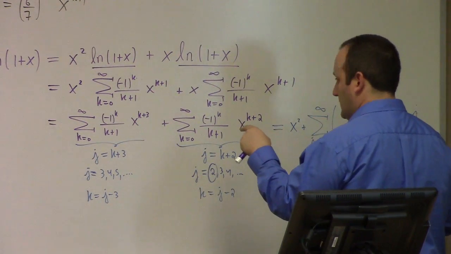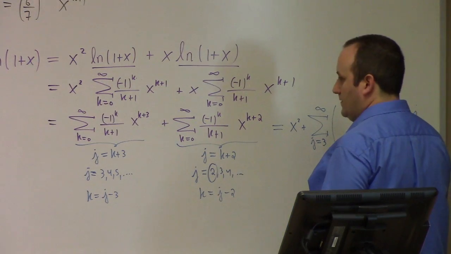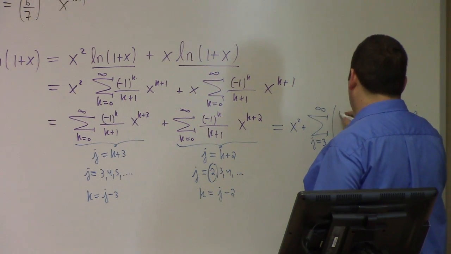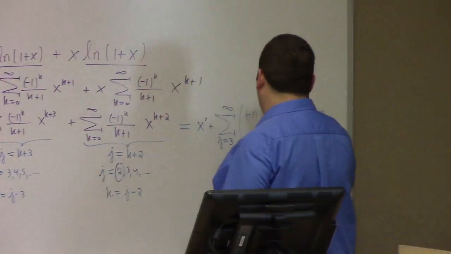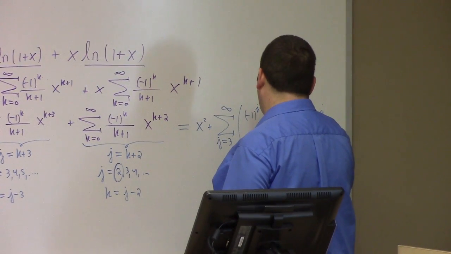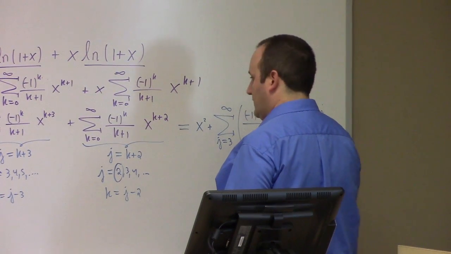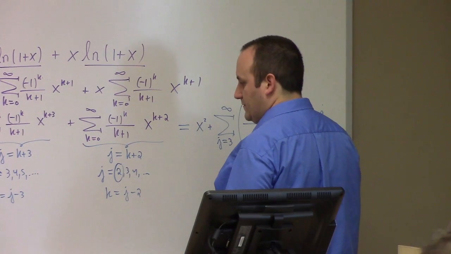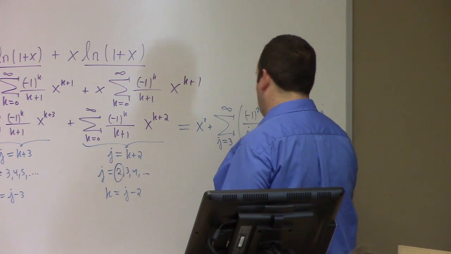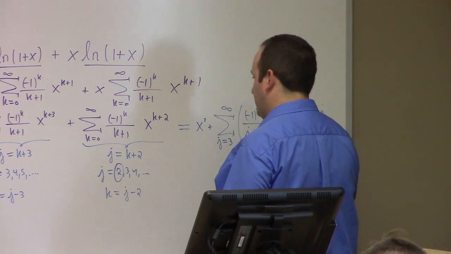So, let's see here. I mean, we could simplify this further, but minus 1 to the j minus 3 divided by k plus 1, which is what? j minus 2, plus what?